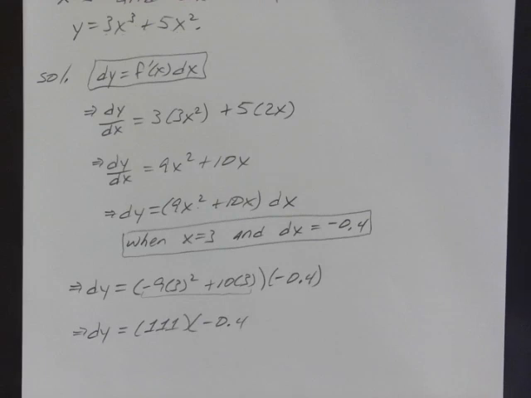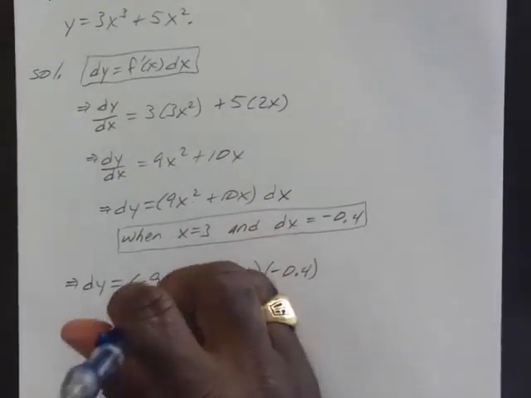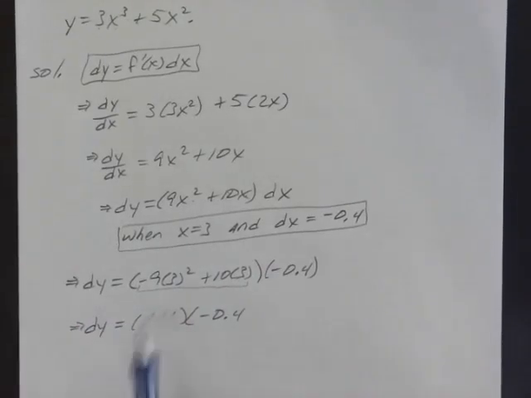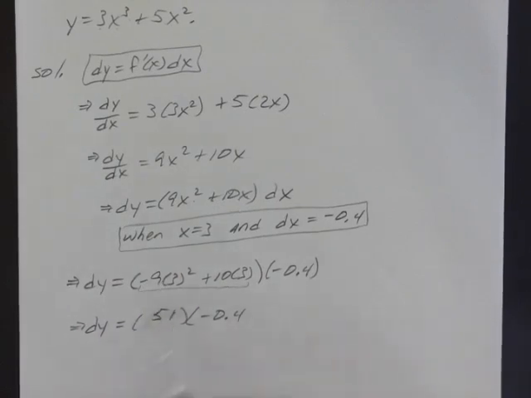Oh, hold on. I think I was going the wrong way. I do have it written down here. I was trying to do it in my head. Okay, so we have 51 times negative 0.4.